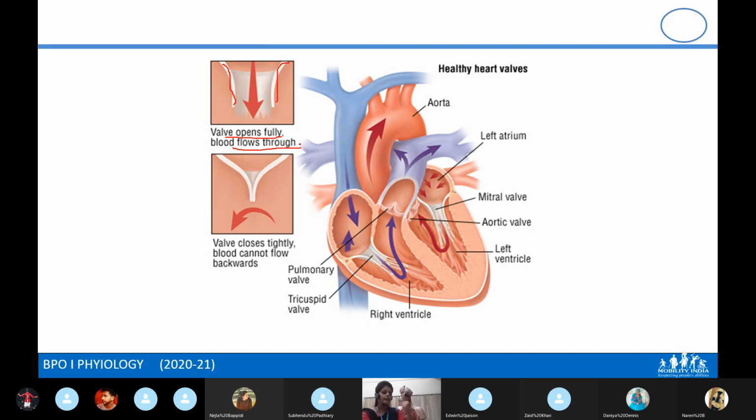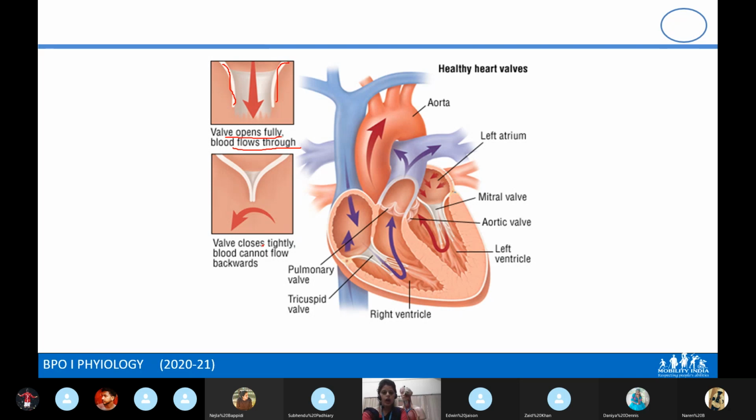When the blood comes, the valve gets the information to open up. It opens, blood flows, then it closes. That is why the blood does not move back. It helps the unidirectional flow of blood.